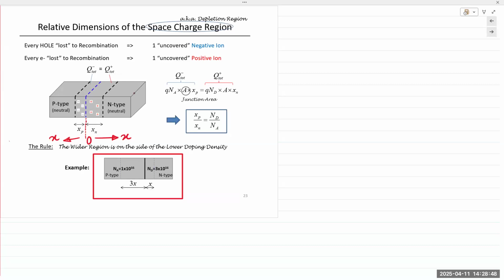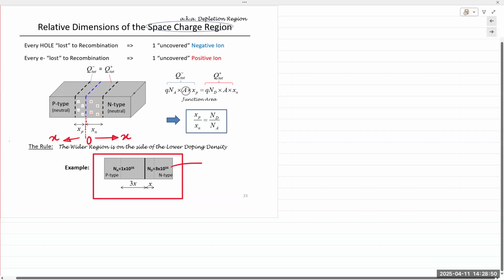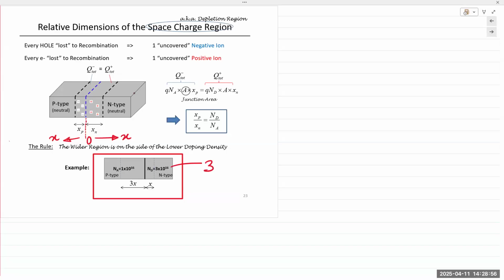As an example, here we say N type is 3 x 10^16 atoms per cubic centimeter. On the P side, it's 1 x 10^16. So there are 3 times as many donor atoms as compared to the acceptor atoms.